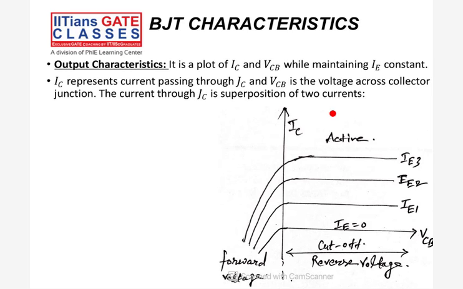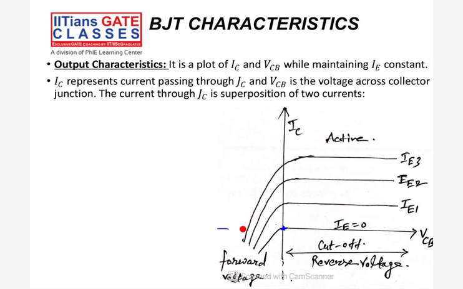Now we'll see the curve. When IE is 0, when there is no input current, we are applying the reverse bias voltage VCB. So we'll see the effect. Here we have this graph.